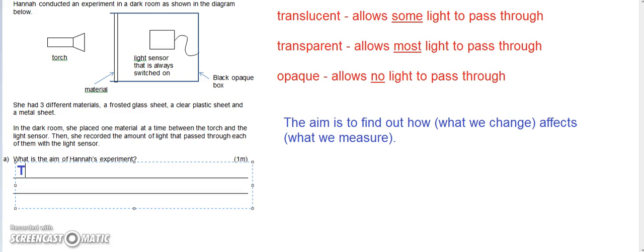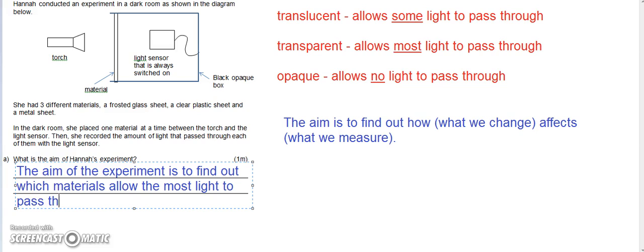The aim of the experiment is to find out which materials allow the most light to pass through. This could also be another answer.